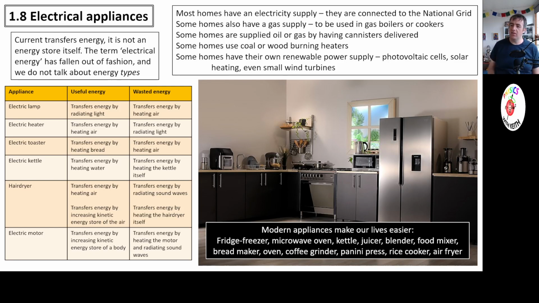Because if you live in a caravan or something, then you might have canisters of gas delivered instead of being hooked up to the mains, or you might be hooked up to the mains. Some homes have a renewable power supply. I'm very lucky in my house. I do have solar heating panels on the roof, which warm the water up. But they're different ways of transferring energy into the home.